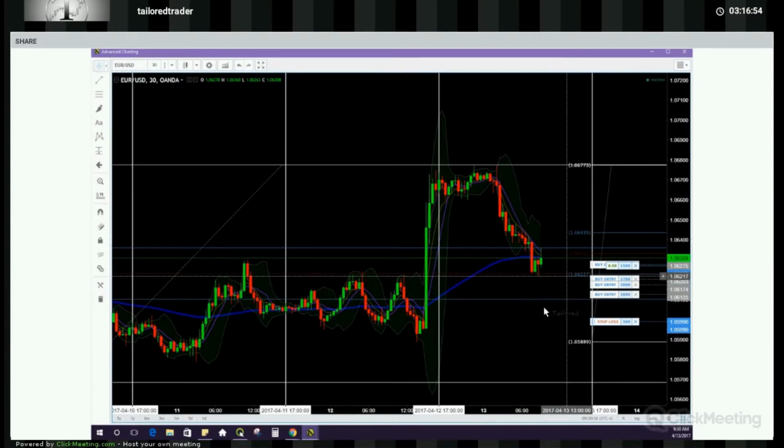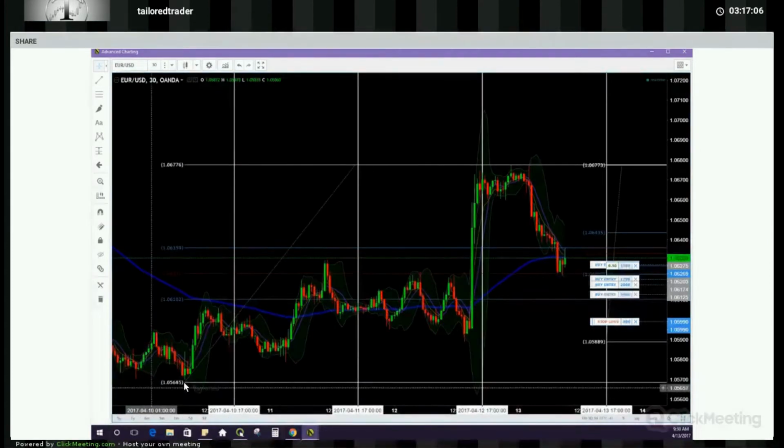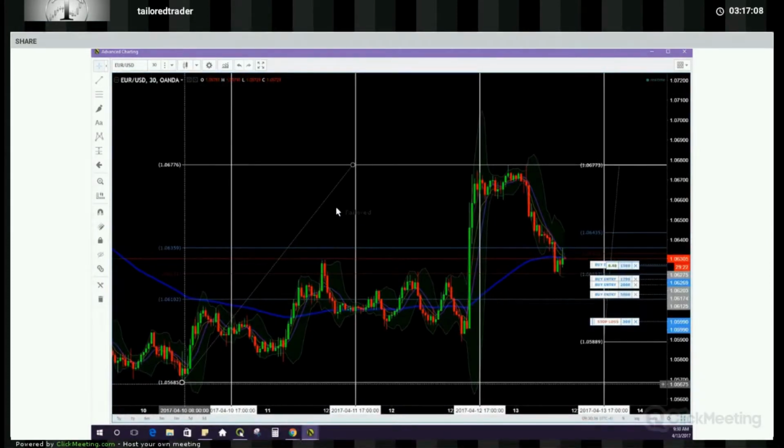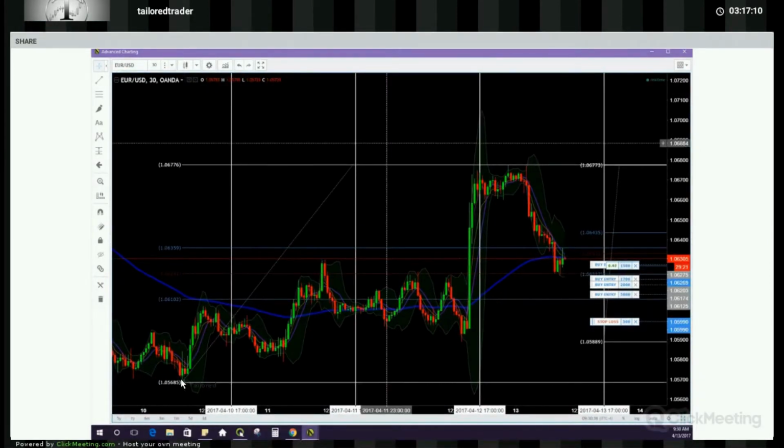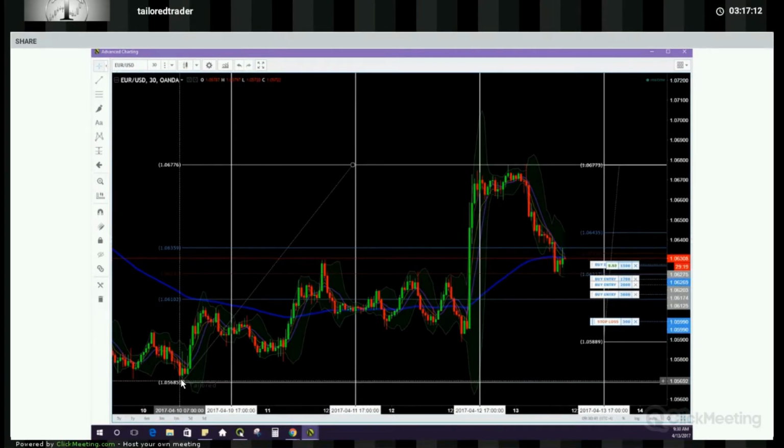I drew a Fibonacci level also from the weekly low so far this week, because remember I told you that it's bullish for the week so far, and it's Thursday, so I kind of want to remain that way, but we'll see.